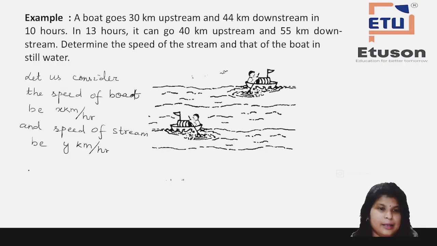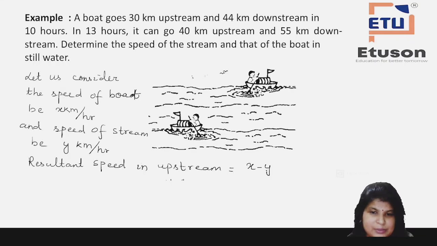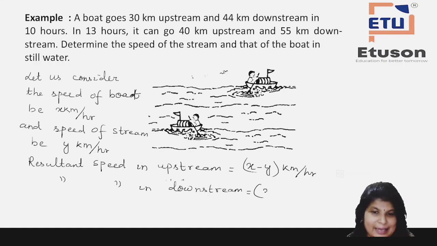Okay, then what will be the resultant speed of the boat in the upstream direction? The resultant speed in upstream is equal to x minus y kilometer per hour. Similarly, the resultant speed in downstream will be equal to x plus y kilometer per hour.